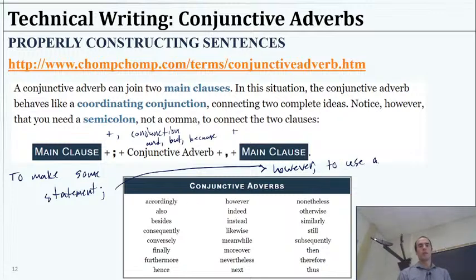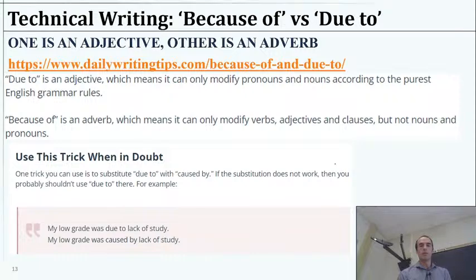Use a semicolon and comma. Something like that. Well, this is actually a bad example. I'll say, however, you need to use.